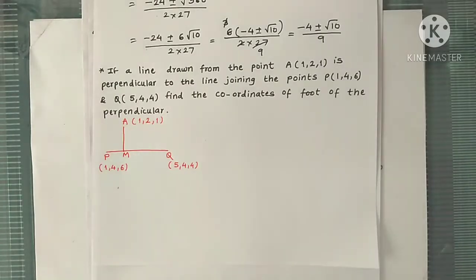Now consider this question. If a line drawn from the point A(1, 2, 1) is perpendicular to the line joining the points P(1, 4, 6) and Q(5, 4, 4), find the coordinates of the foot of the perpendicular. First, let's see what the question is.